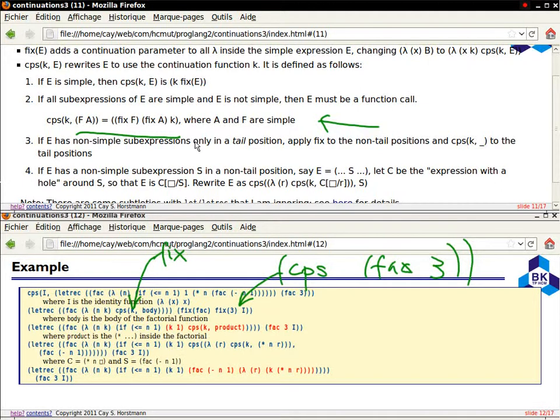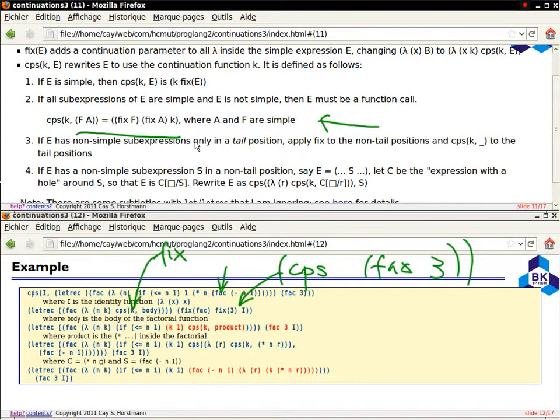Then we now want to rewrite the CPS in here. And now I'm using the fourth rule that says we have the non-simple sub-expression in a non-tail position. And the reason I have that is that this call to fact here is the non-simple one. The function calls are not simple. It's not in the tail position because it's buried inside stuff.